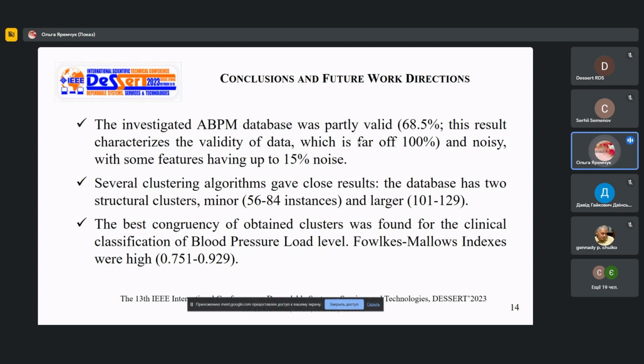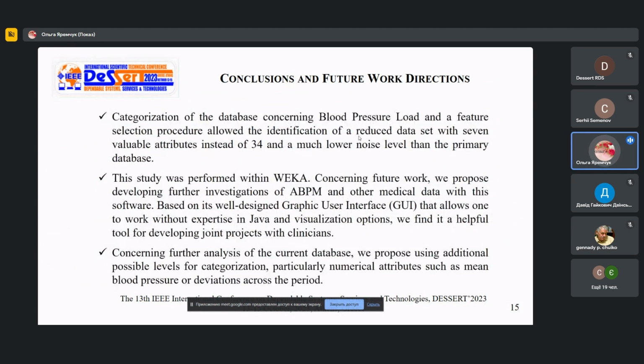The report suggests future work should focus on additional levels for classification and using methods to handle missing values in numeric attributes. So the report provides a detailed overview of the data mining analysis conducted on the ABPM database, addressing database noise, clustering, feature selection, and dataset reduction.